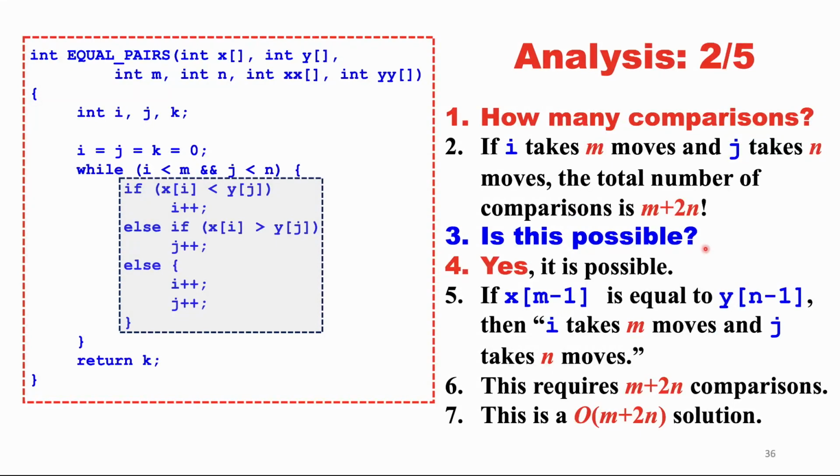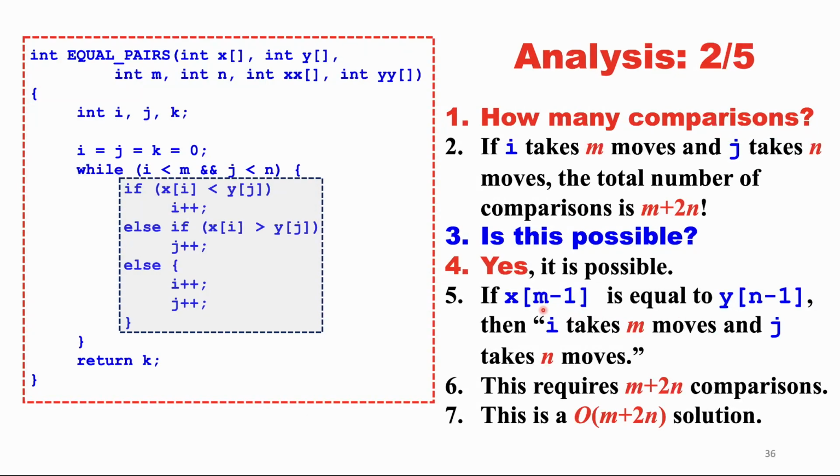This is definitely a worst case because we run out of i and j at the same time. If one, say i, runs out first, then we don't need to compare the remaining y. So is this case possible? Yes.